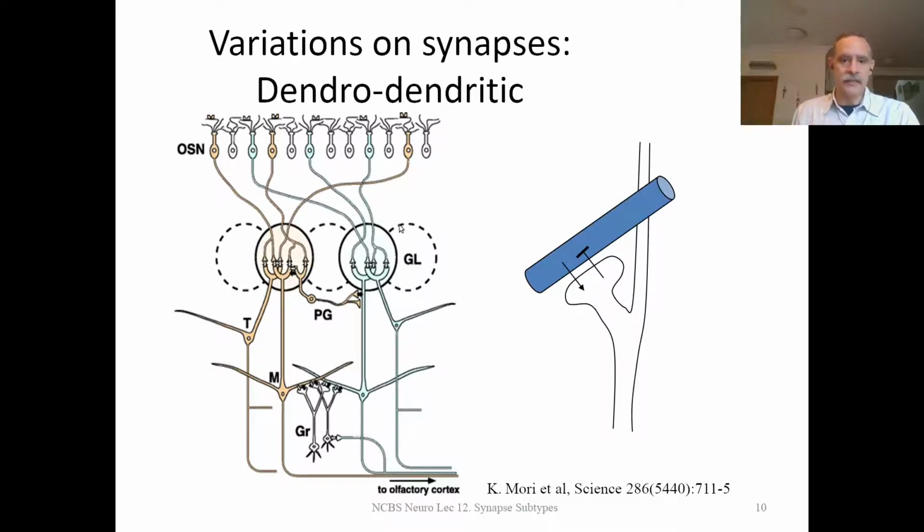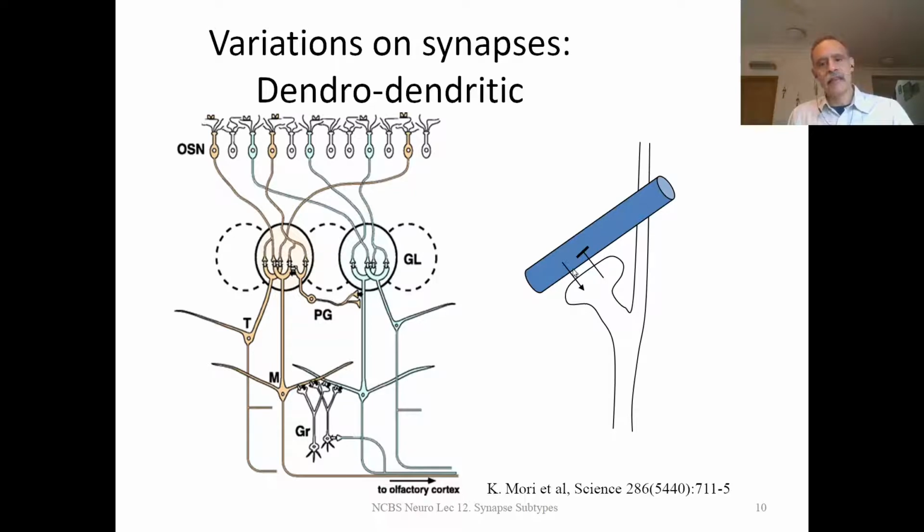They're cells which sit around these spherical glomerular regions, which are about 100 microns across, and there's a whole bunch of periglomerular cells sitting around them.